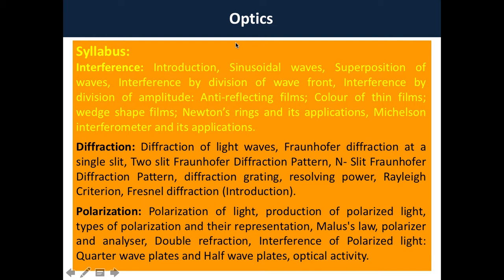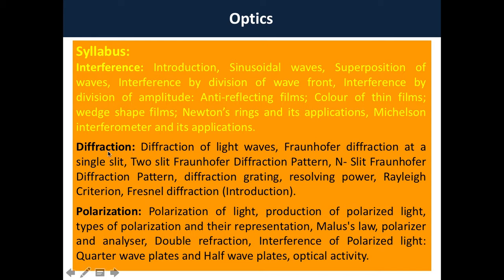So in your optics unit, the syllabus is interference, diffraction and polarization. Professor Prahlad will take the interference topic. Myself, Anup, is taking diffraction, and probably Professor Ankur will take the polarization.